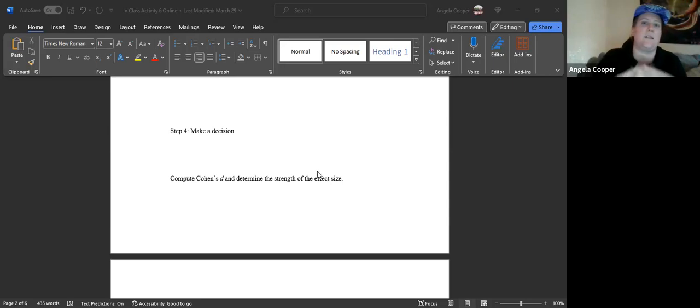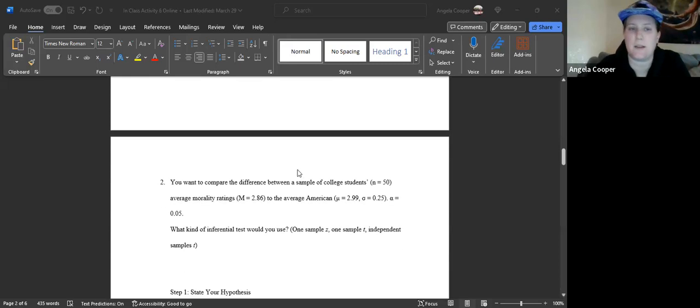Negative 0.4 would have the exact same strength as a positive 0.4. And that's because the direction, if it's a positive or negative Cohen's d value, does not impact the strength whatsoever. It does not determine if it is small, medium, large, or weak, medium, strong, whichever terms you prefer. I'm fine with any of them. So I just wanted to make that note.